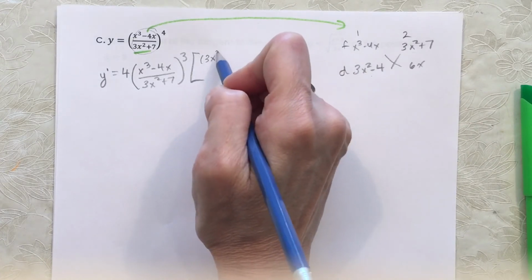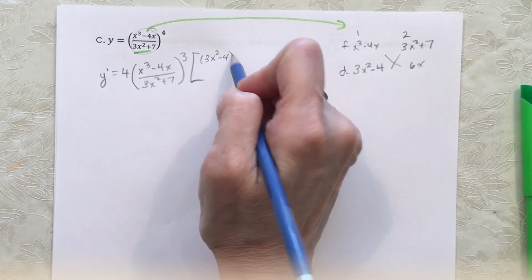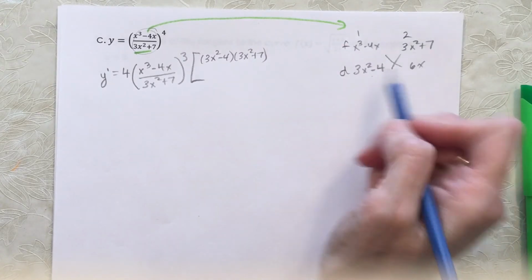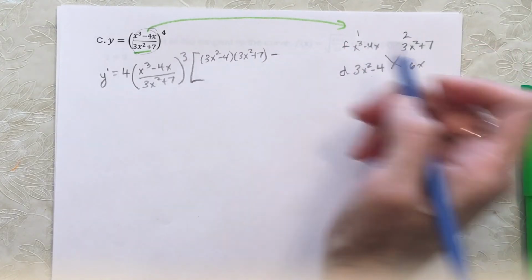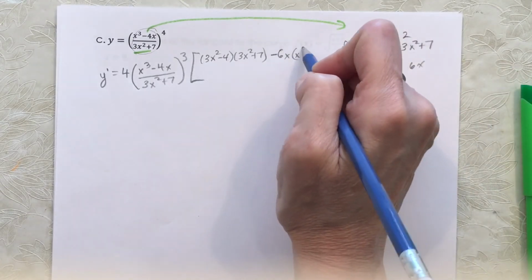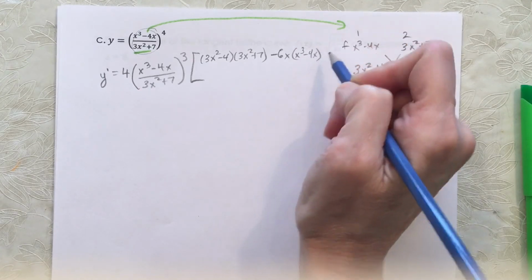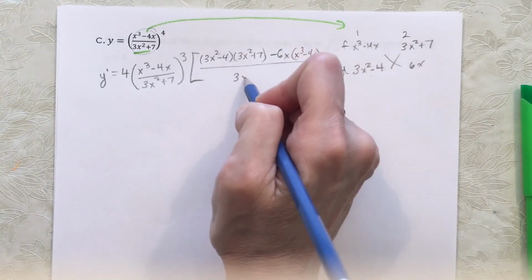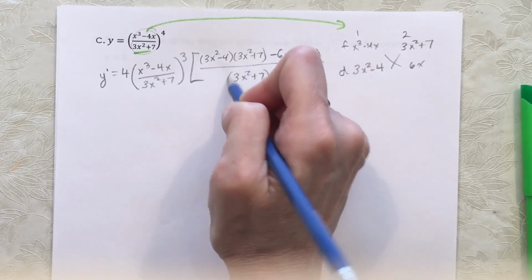They're both binomials. And then there's minus the first times the derivative of the second. I'm going to put the monomial term first. All over the second, 3x squared plus 7 squared.